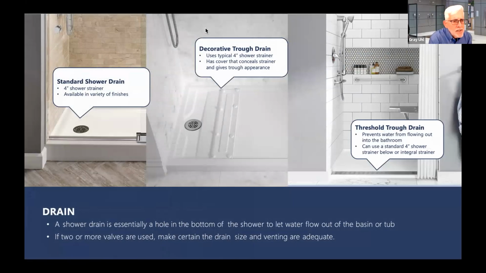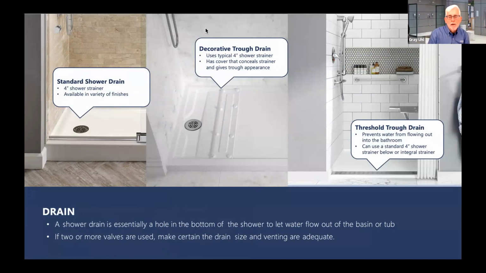The other thing along this line is the drains. I know a drain is just a hole in the floor, but there are multiple drains. And if you're doing accessible or barrier-free, there are different drains that make it easier to move around. There's just a hole in the floor drain. There is a hole in the floor drain that has a cover over it. There are also trench drains. So you've got to consider all of the above and where you're going to locate it.